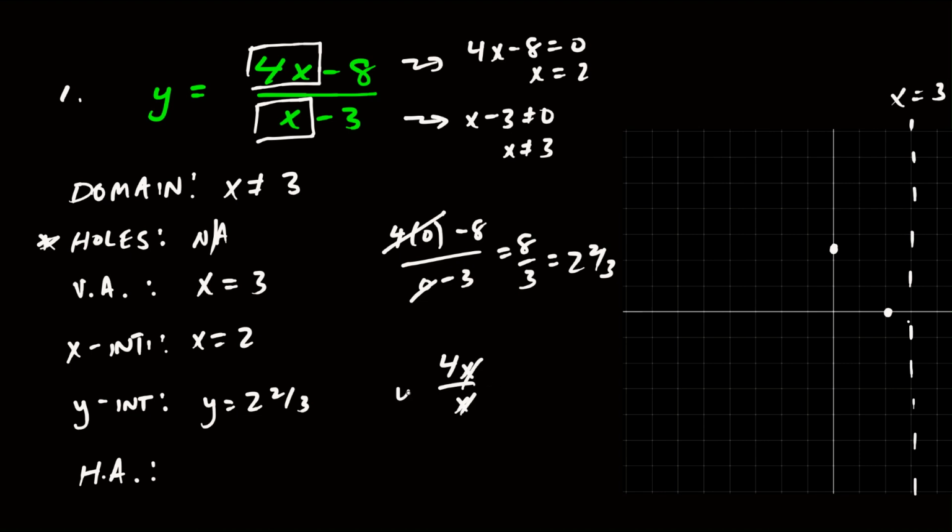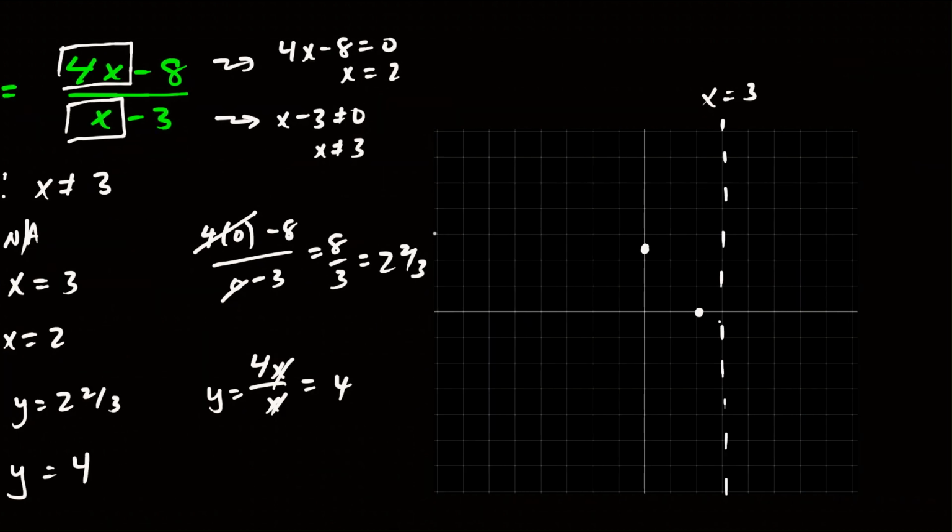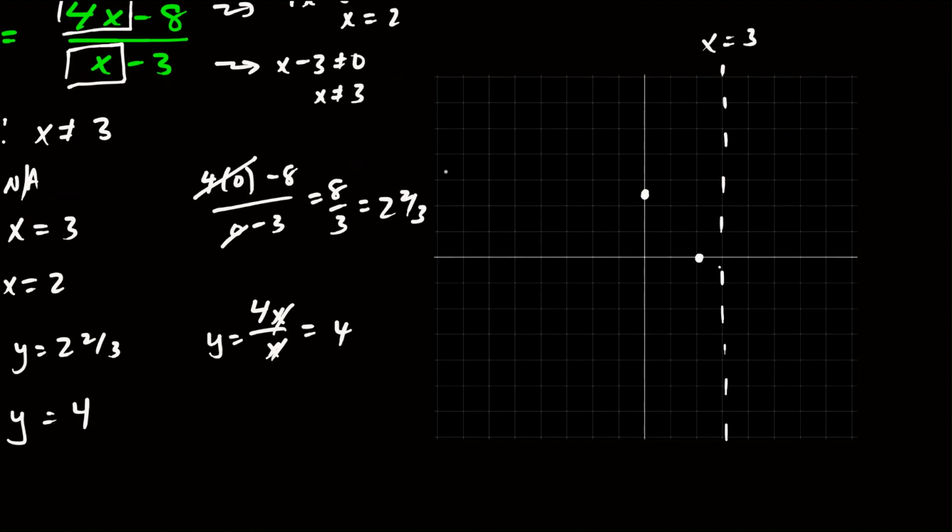The x's will cancel, so we're going to be left with y equals 4 as our horizontal asymptote. So notice, the degrees are the same. They're both to the first degree. In the long run, the 8 and the 3 don't make much of a difference. So we're going to go ahead and put in y equals 4 here. Let's make sure it's at the right value. Y equals 4.